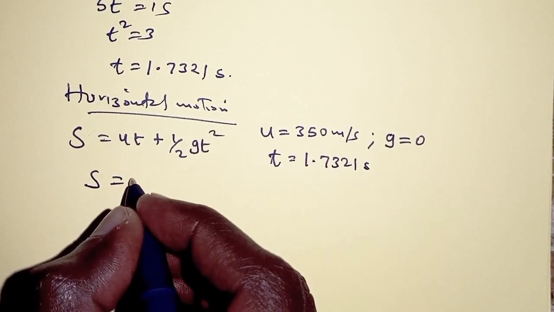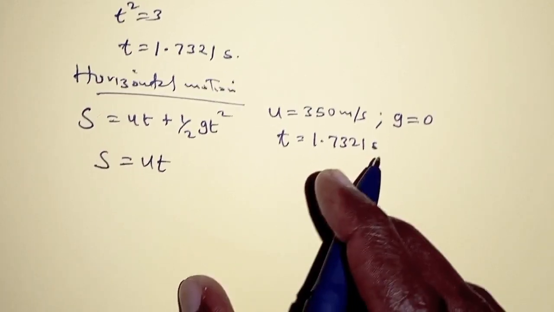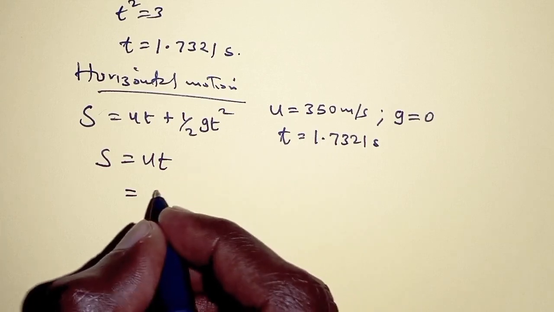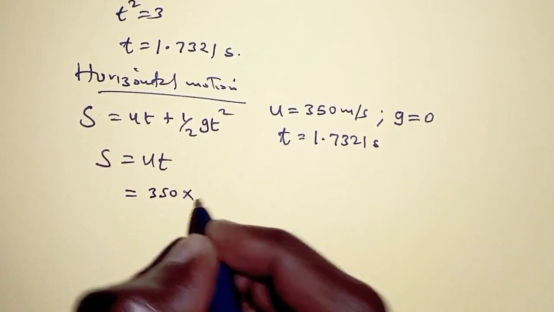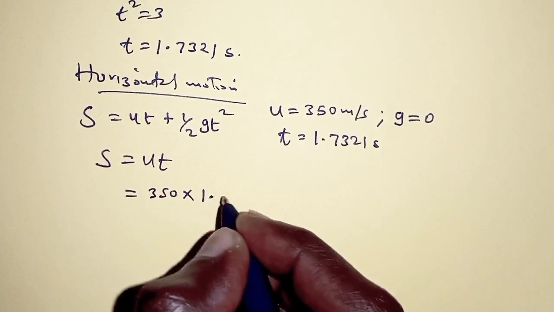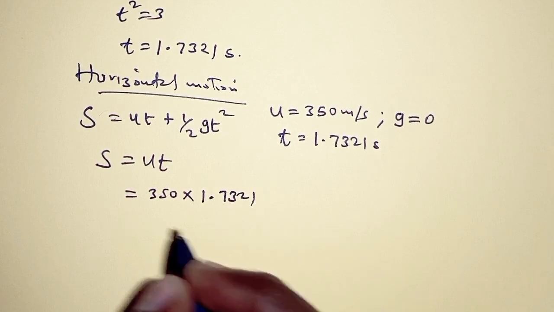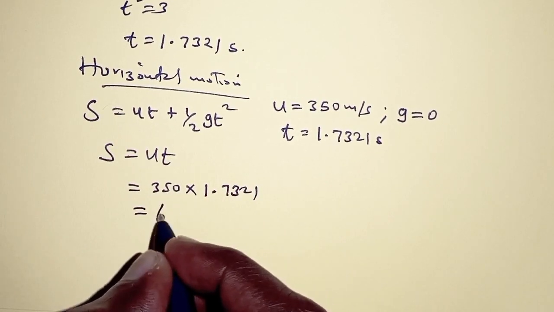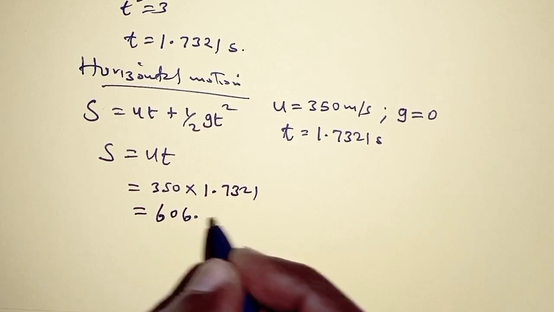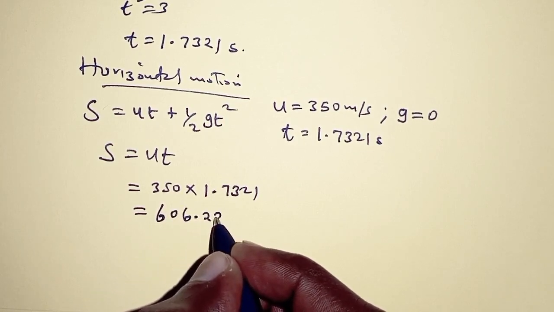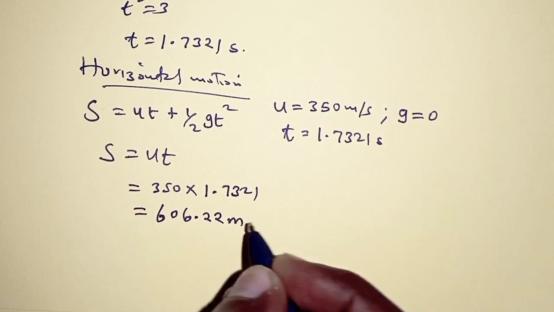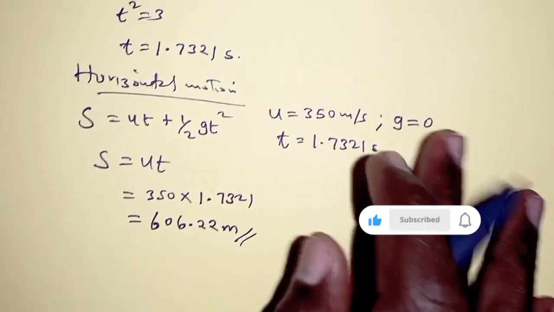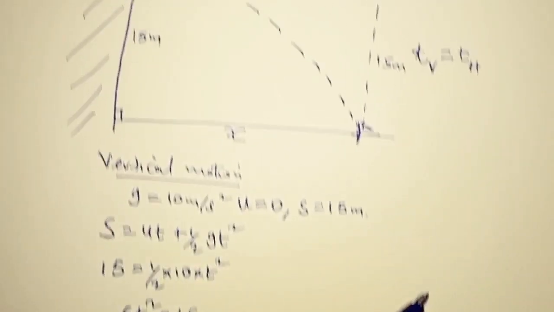So we have s is equal to ut, and substituting, u is 350 times t, which is 1.7321, and when we multiply, we should get 606.22 meters. And that is the distance covered by the bullet in the horizontal motion.